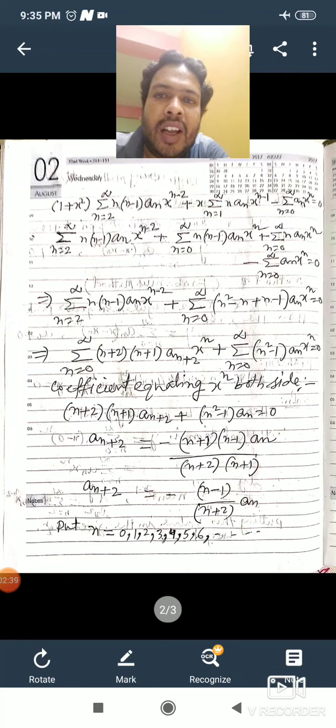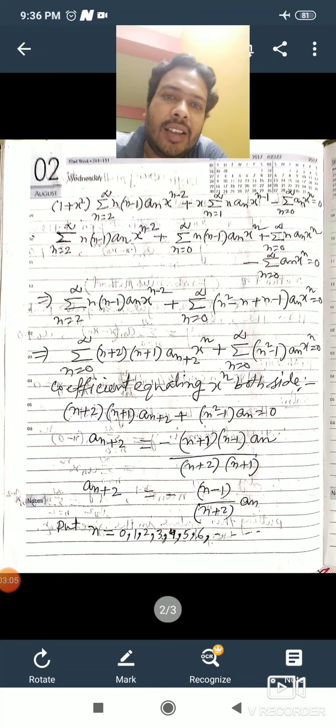Now multiply 1 into summation n equal to 2 to infinity n into n minus 1 a n x to the power n minus 2. So this equals summation n equal to 2 to infinity n into n minus 1 a n x to the power n minus 2, and multiply x square into summation n equal to 2 to infinity n into n minus 1 a n x to the power n minus 2.